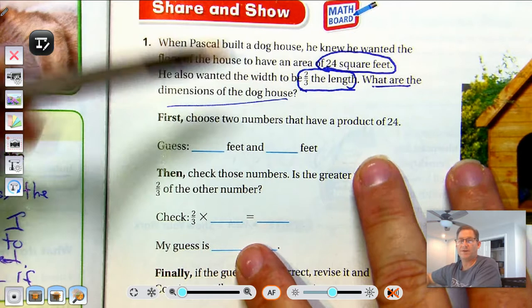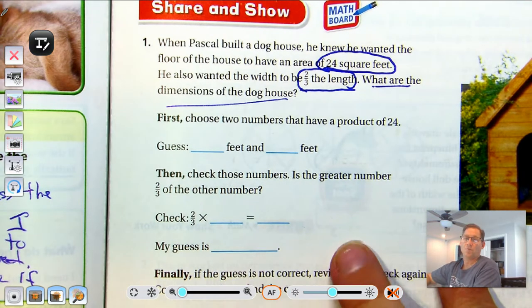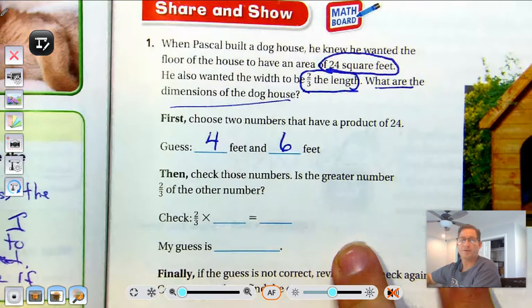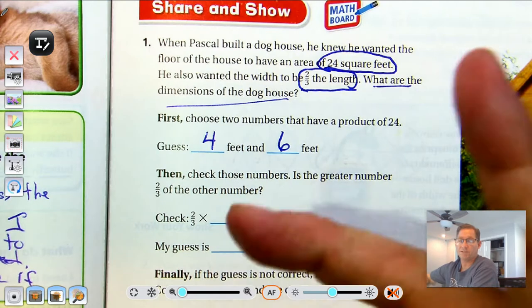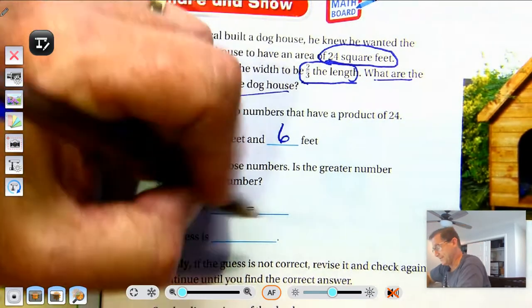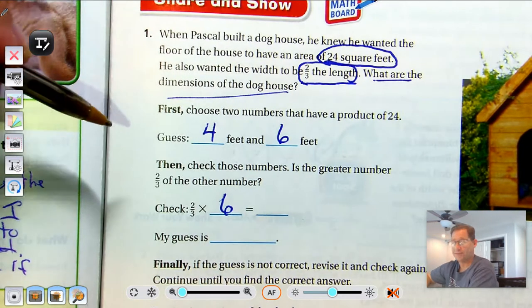Well, again, we're trying to find two numbers that multiply together to give us 24. Well, 4 and 6 seem like reasonable guesses. Okay, 4 times 6 is 24, right? So let's take 2/3 of the 6. If it comes out to 4, then that's the right dimensions.